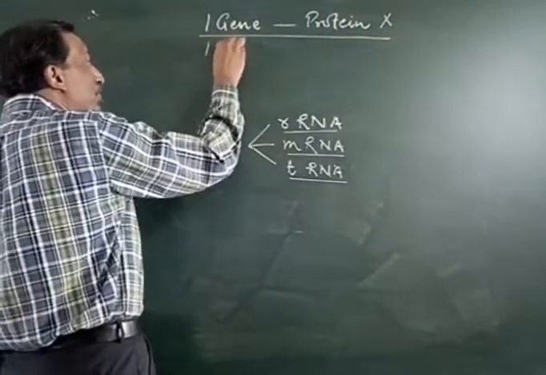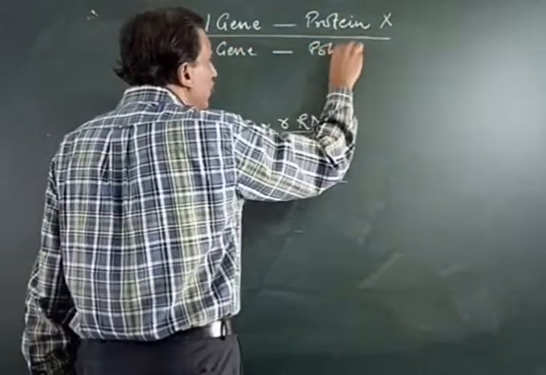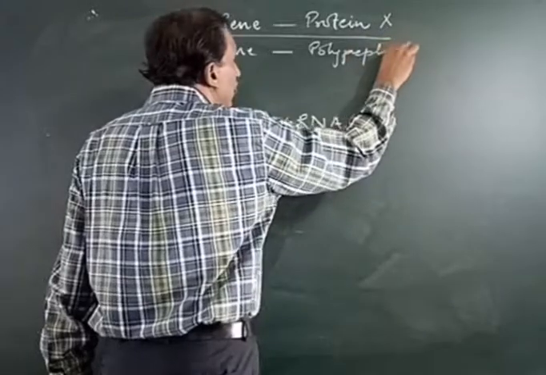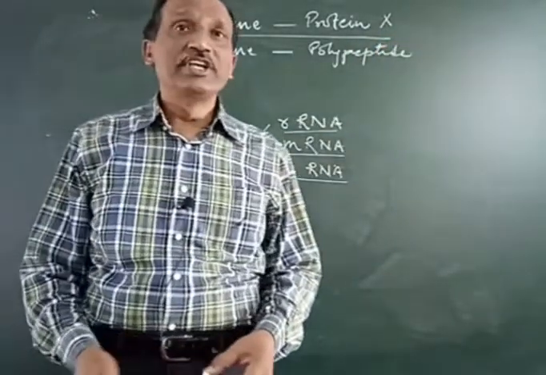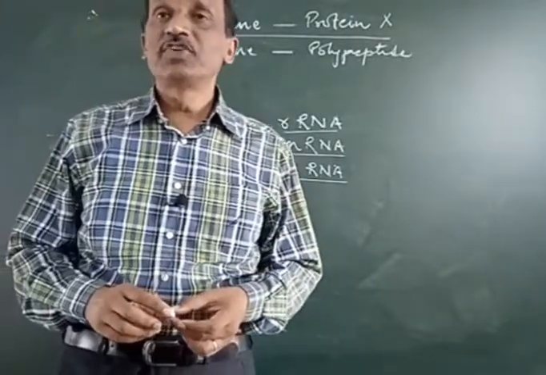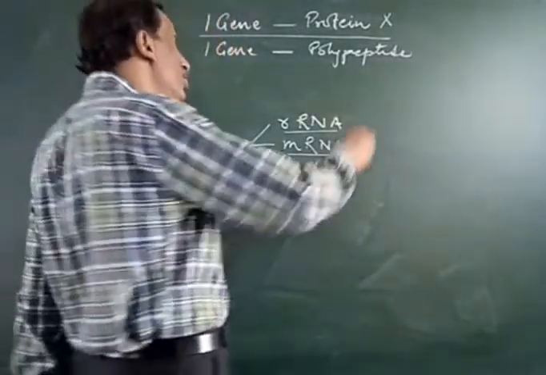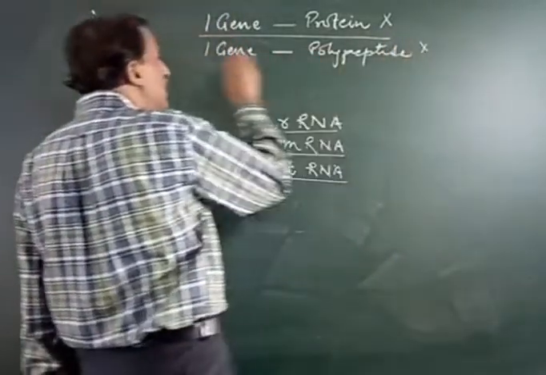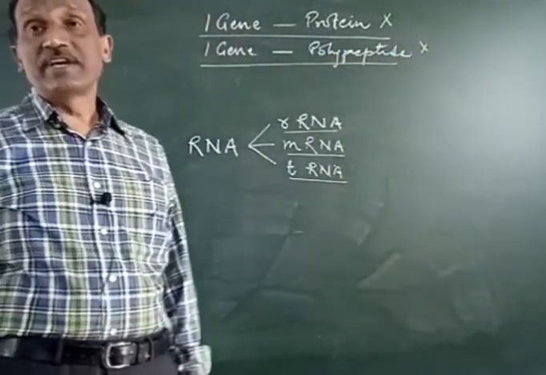Then it was modified as one gene, one polypeptide. That is, instead of making the entire protein, a gene is only making a polypeptide. But later on it was found that this is also wrong, because one polypeptide may require several genes, several messenger RNA.